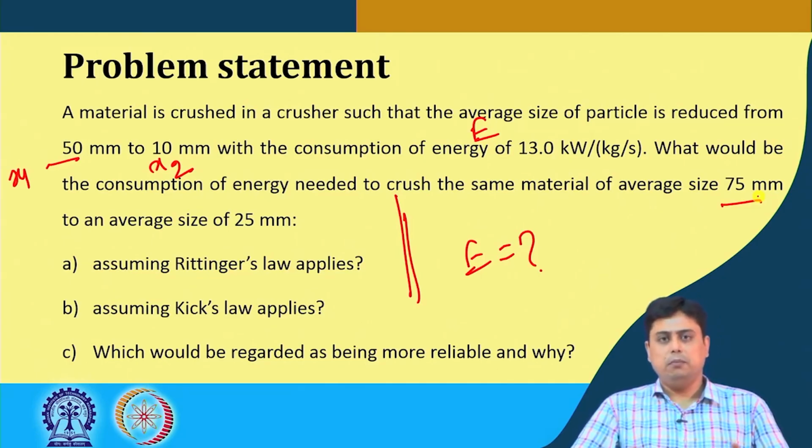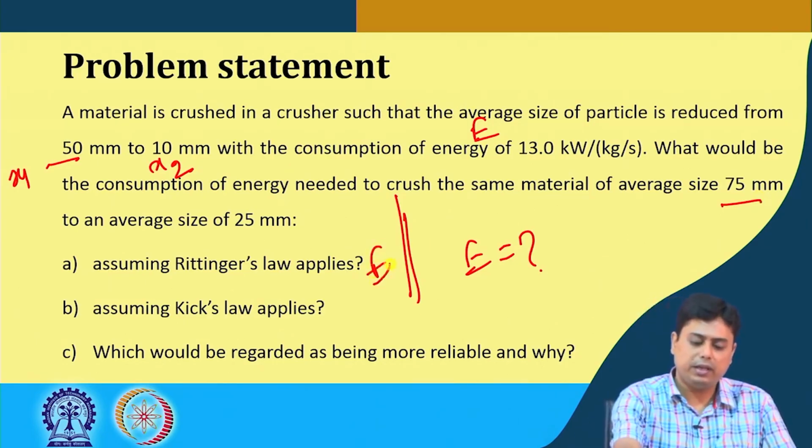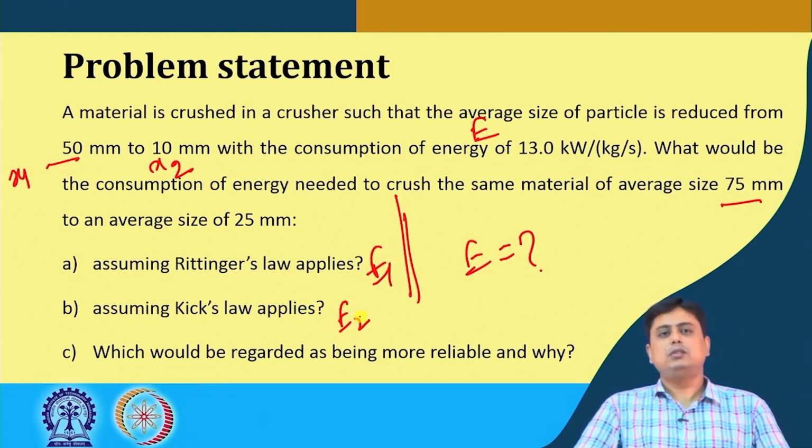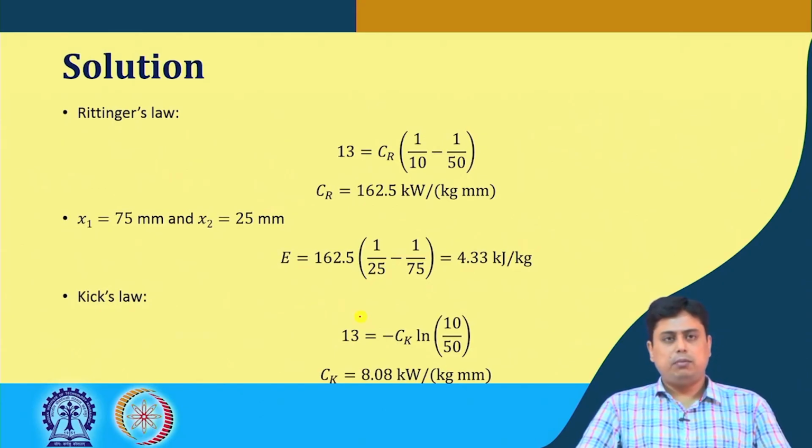We have to apply both laws, Rittinger's law and Kick's law. And the last part is which should be regarded as being more reliable and why. We have to provide an explanation for that. We will get one E1 from part A and E2 from part B, and decide which one is more reliable for the design. So, a very straightforward simple problem.